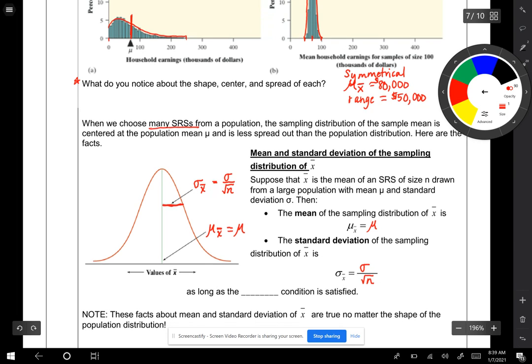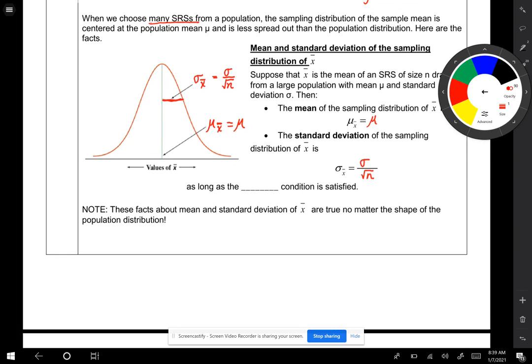Now, you can only use this formula for the standard deviation as long as you're sampling with replacement, or if you're not sampling with replacement, as long as the 10% condition, which we learned in the previous section, is satisfied. But here's a little note. These facts about the mean and standard deviation of X bar are true no matter the shape of the population distribution.